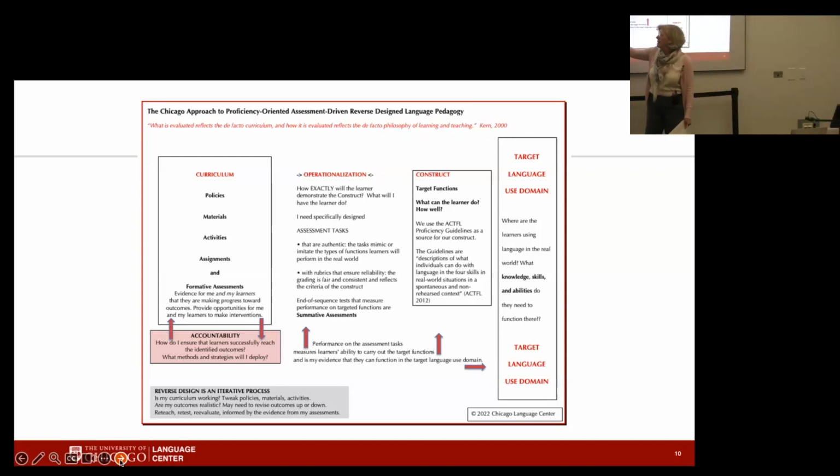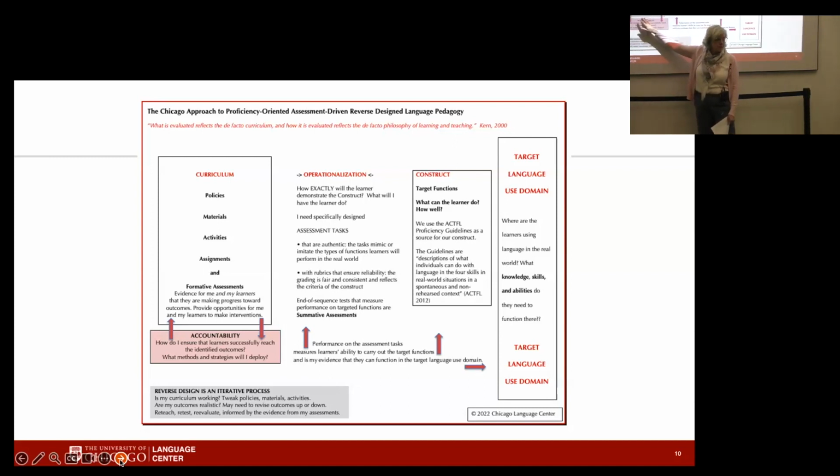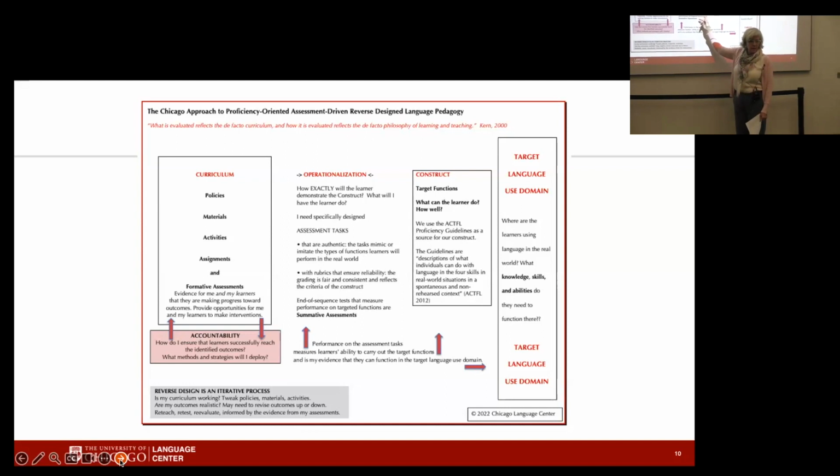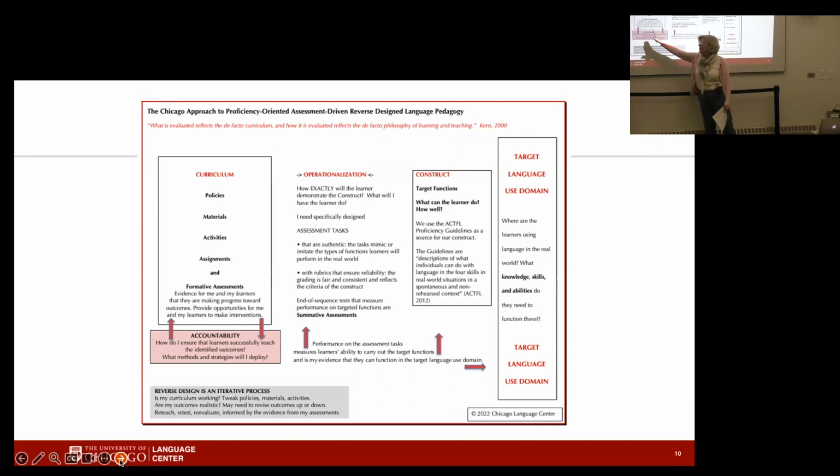Will my curriculum prepare my students to be successful on my test and give me the evidence to show that they are performing at the levels that are my goals, my outcomes? Okay, that's the model. So all this comes first, and only at the end, only then do you consider your curriculum. Okay? Questions, comments here?